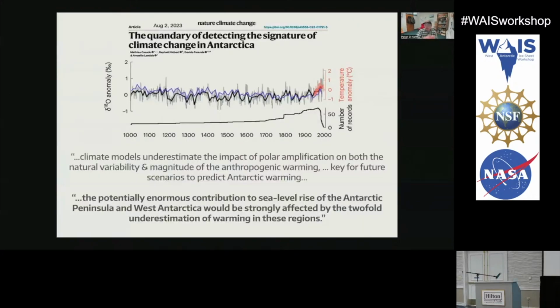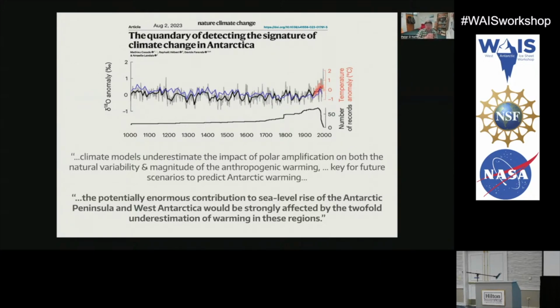It's pretty difficult to detect the emergence of climate trends in Antarctica, given the shortness of the records that we have and the extreme variability down there. So this is an interesting paper from the middle of last year on just how hard it is, even having a 1,000-year-long stack of ice core water isotope, delta 18O records there, and then modeled temperatures.